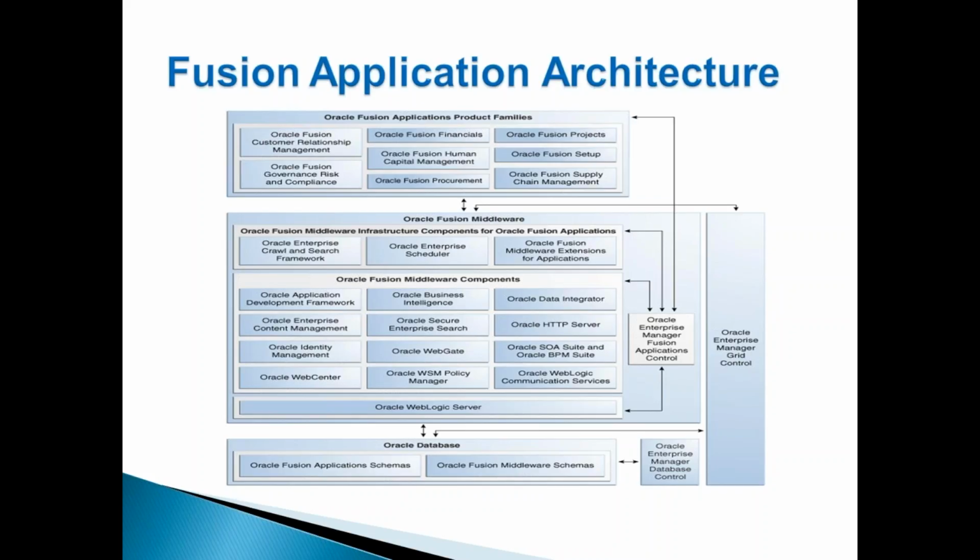If you don't know much about WSM policy, that doesn't matter a lot. But BPM, the Business Process Manager, is a middleware suite where you can have your entire business process configured.